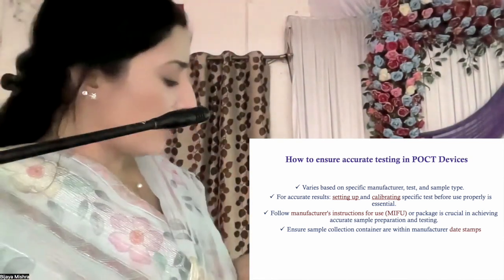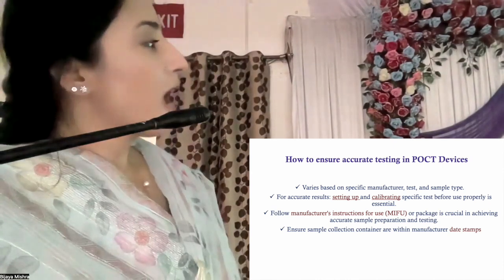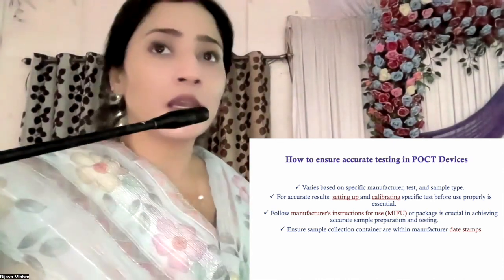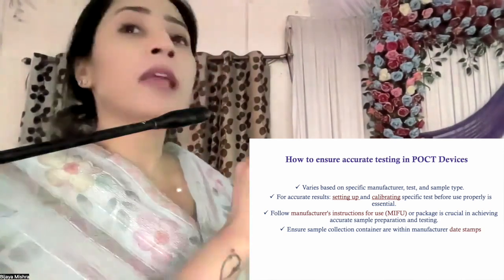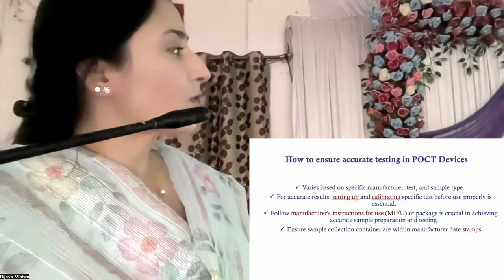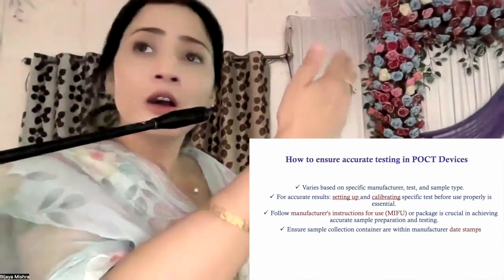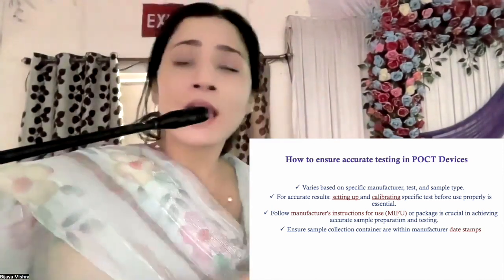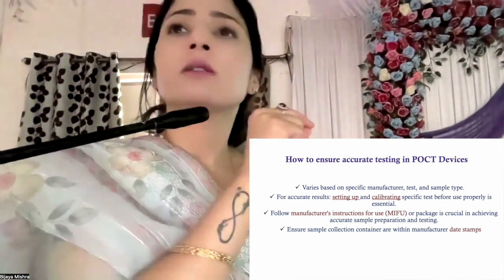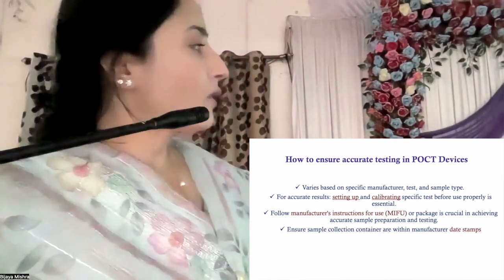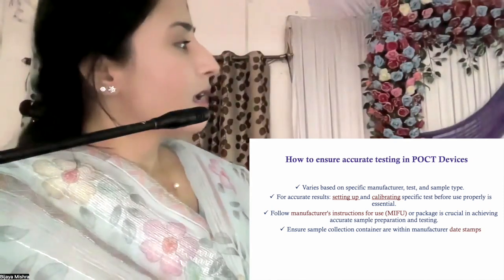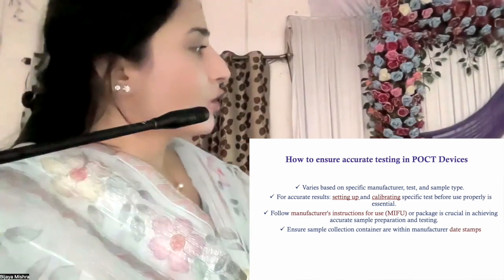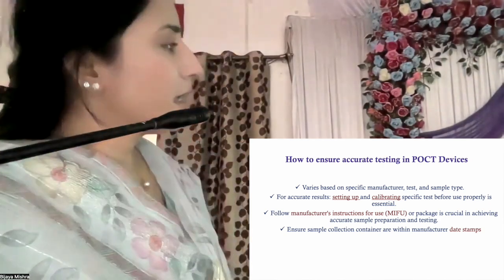The first thing we have to do is set up and calibrate the instrument properly before we use it. The next thing is we have to follow the manufacturer's instructions for use. The guidelines, the manufacturer leaflet that has been provided, everyone who is using that device should have a sound knowledge of this MIFU package, which is crucial in achieving accurate sample preparation and testing.